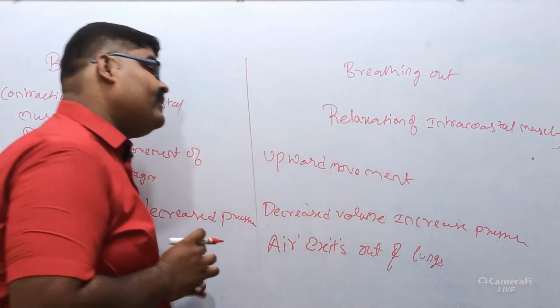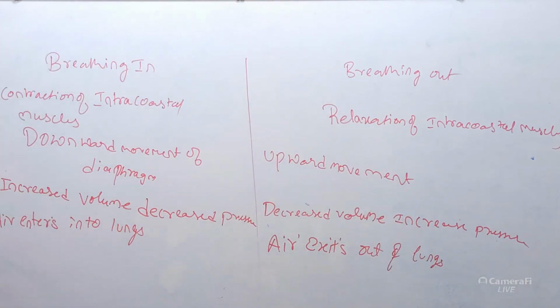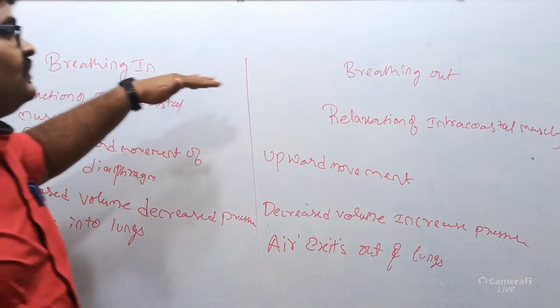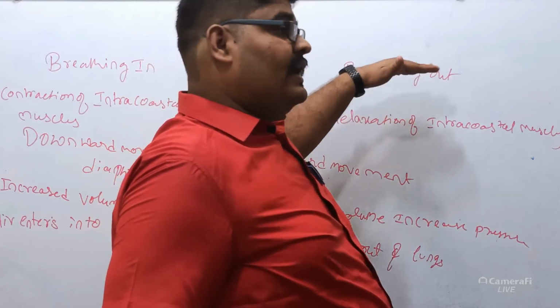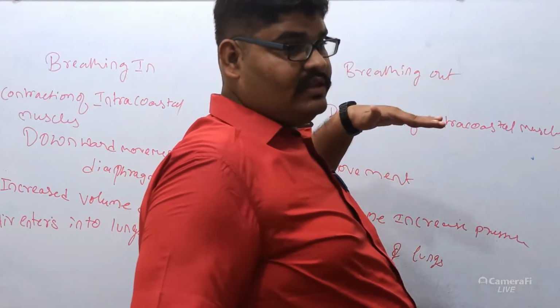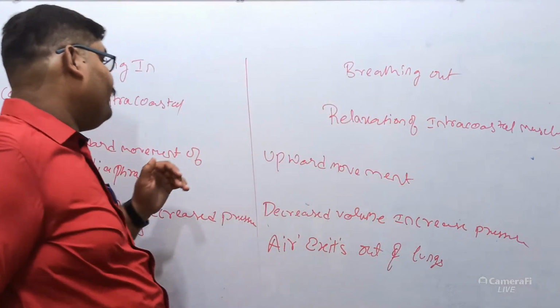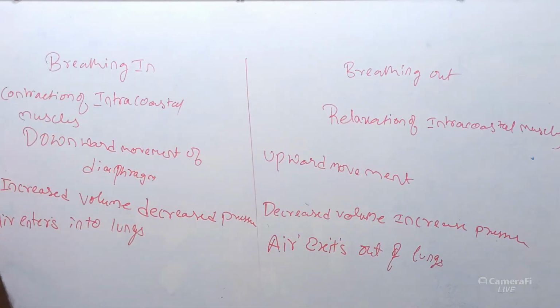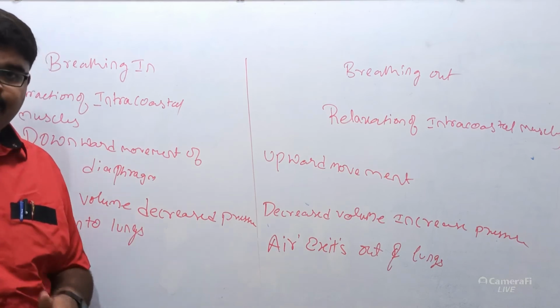So these are the events taking place in inspiration, or inhalation, and in breathing out, expiration, exhaling out the air. So this is about the difference between inspiration and expiration, that is both together is called the breathing mechanism.